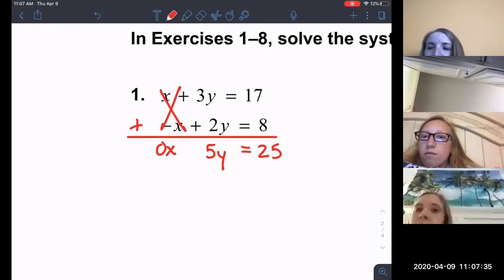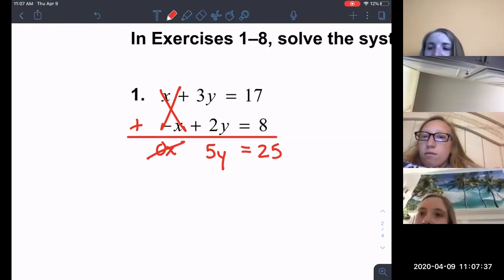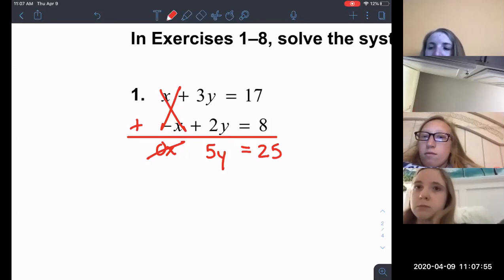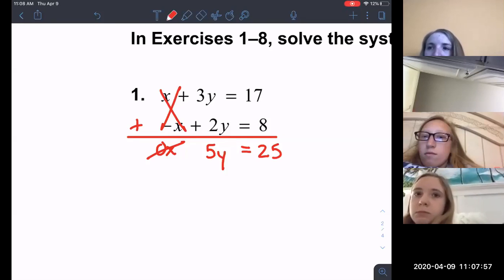Okay, so remember, because it's 0x, 0 times anything is 0, and there's no x in the equation anymore. The only reason this method works is that when we add the equations together, we have to eliminate one of the variables. We'll do number 6 together, and I'll show you why if you just add the equations together, it's not going to work.